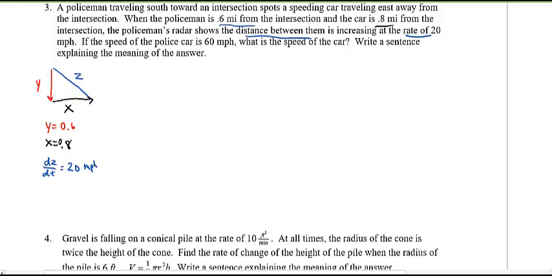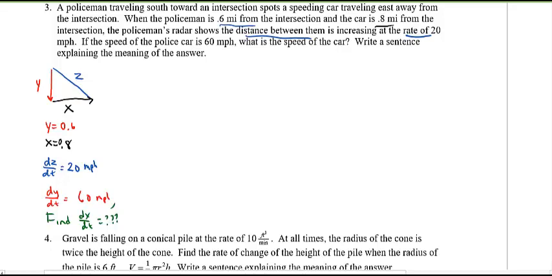Okay? Now it says, if the speed of the police car is 60, that must be dy/dt. What is the speed of the car? I'm asking you to find dx/dt. Now I did leave out something quite important here.